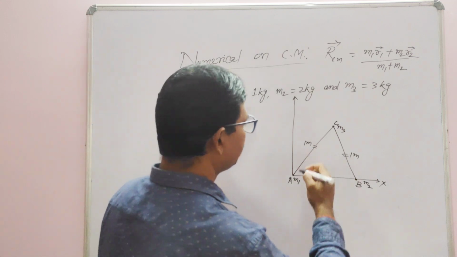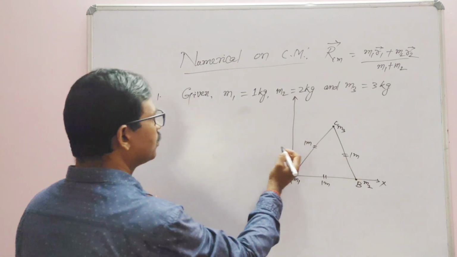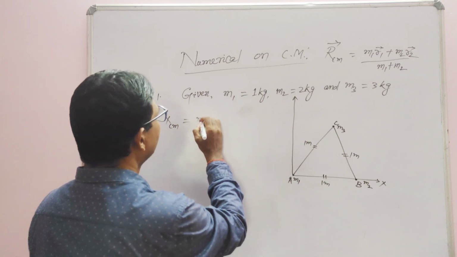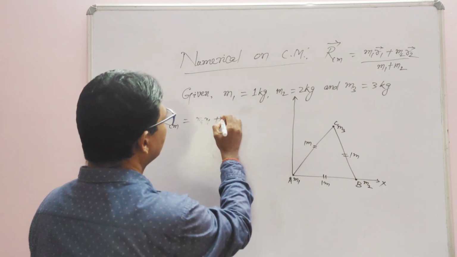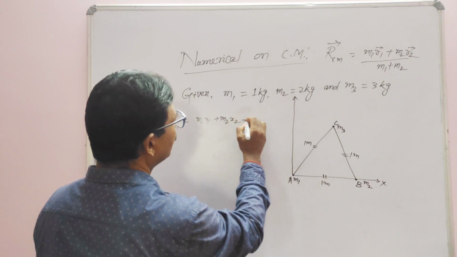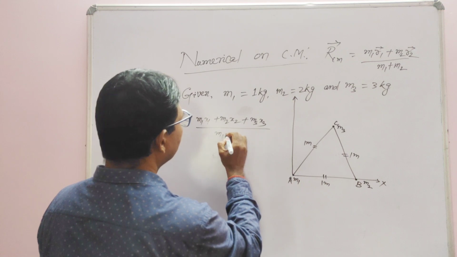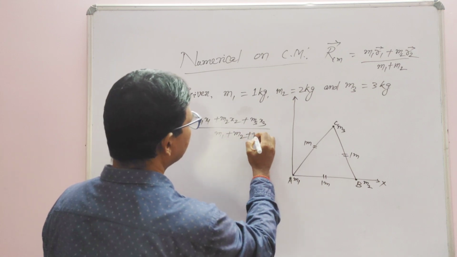Come to the point. Suppose you calculate xcm. Along the x axis, it is m1 x1 plus m2 x2 plus m3 x3 divided by the total mass m1 plus m2 plus m3.